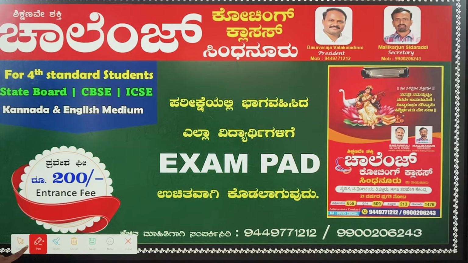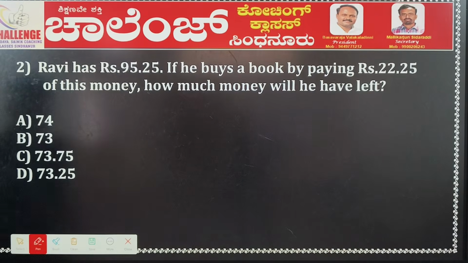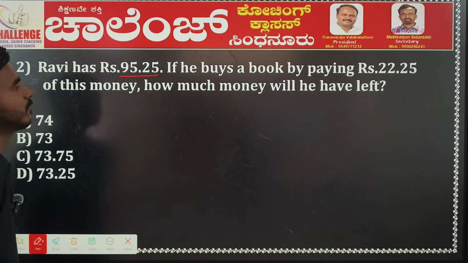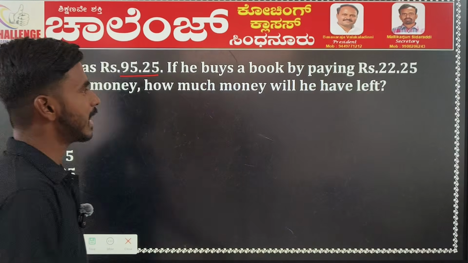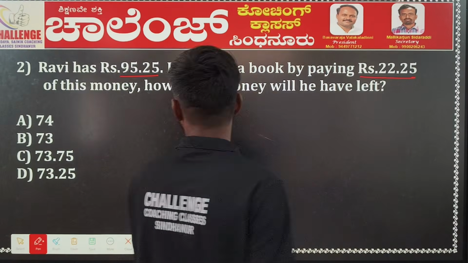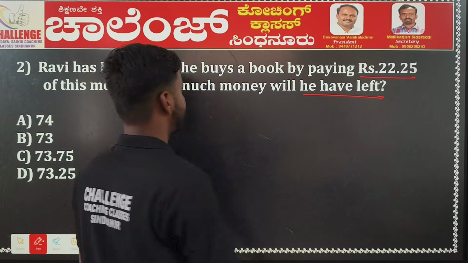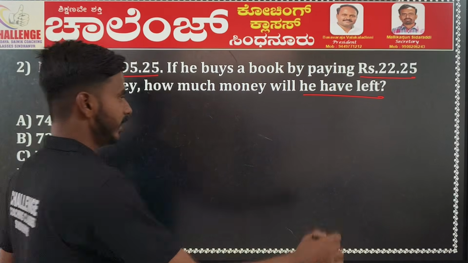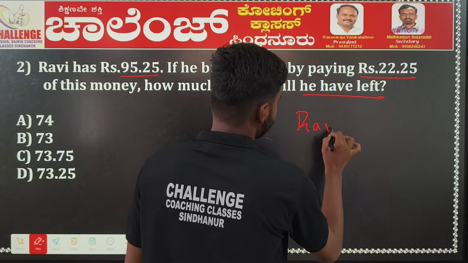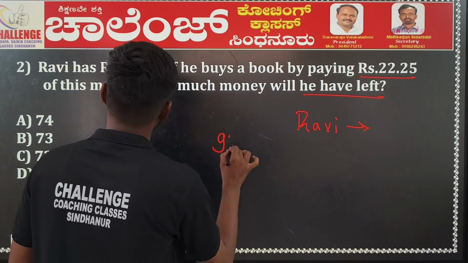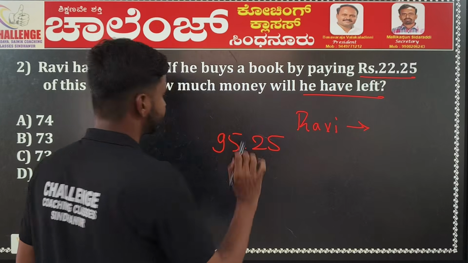Okay, let's move forward to the next question. Ravi has Rs 95.25. If he buys a book by paying Rs 22.25 of this money, how much money will he have left? Watch carefully. Ravi is a student. Ravi has a total of 95.25 rupees.